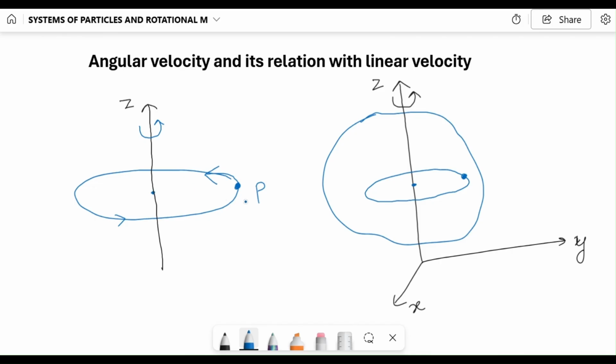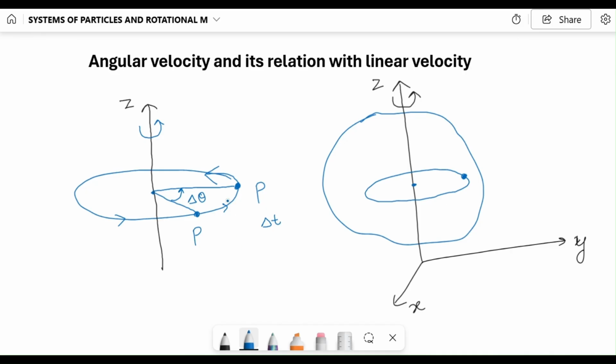Now, let's say this particle was initially here. I am taking a part of its motion. So initially this particle was here, and after time delta t, this particle comes to a new position here. So it has traversed some angular displacement.